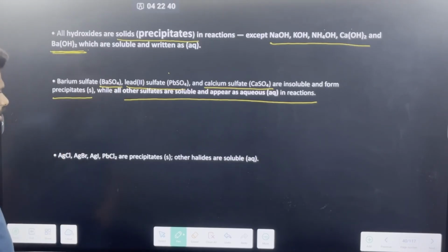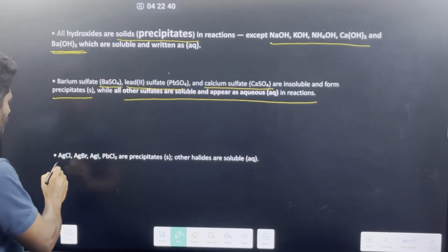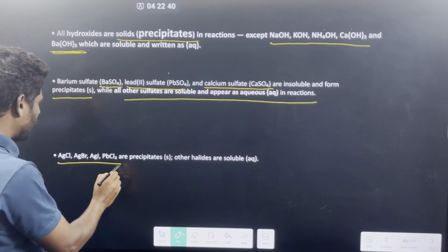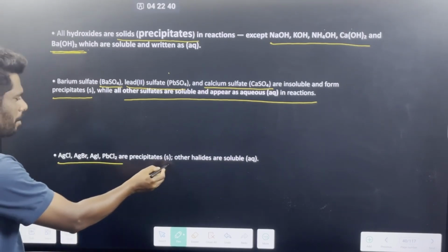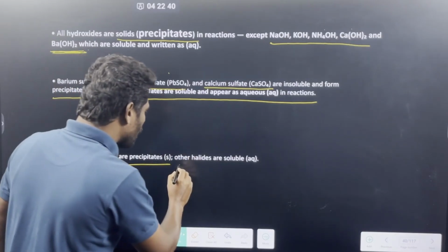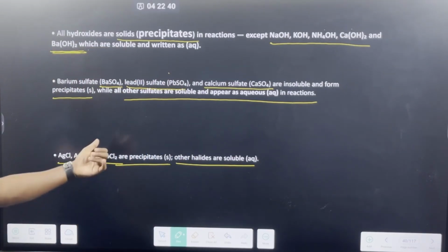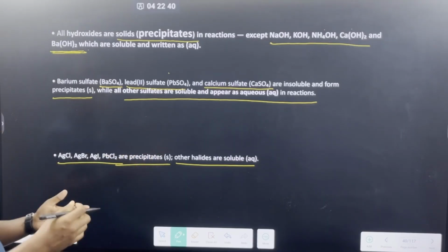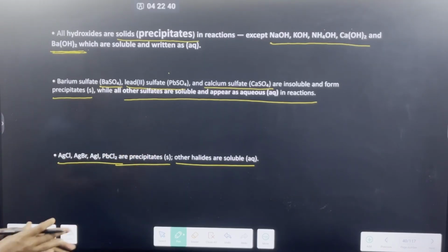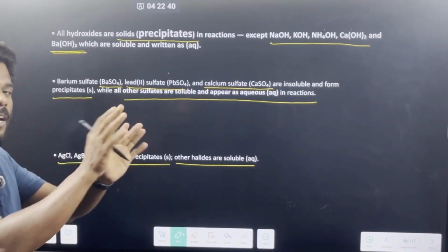Now coming to the points which are being repeated here. Silver chloride, silver bromide, silver iodide, lead chloride. These are precipitates as we said already. Remaining halides are soluble in water, aqueous. That is, sodium chloride, potassium chloride, sodium bromide, potassium iodide, all are soluble in water, so we can write them as aqueous solutions.